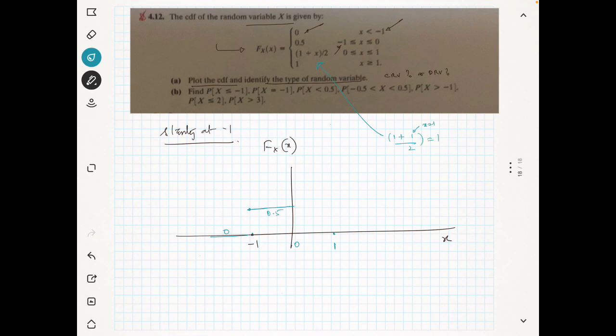Okay, so at 1 it is taking the value 1, and between 0 and 1 you can see it is a line. It is an equation of a straight line which is joining 0.5 and 1, and after 1 it is always 1.